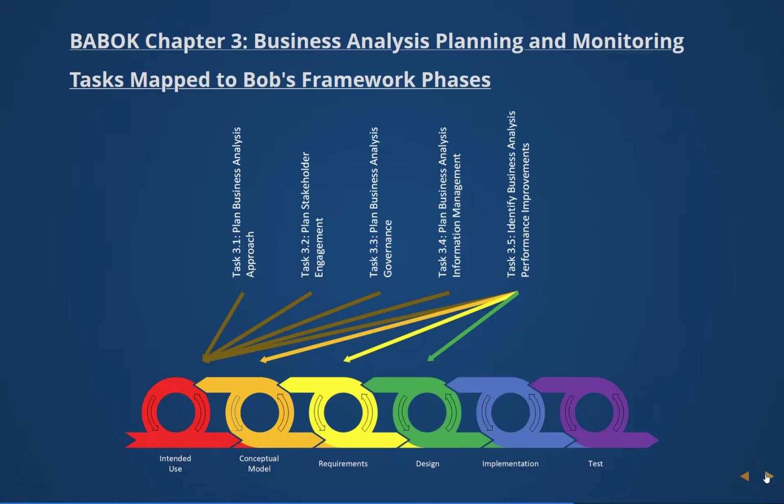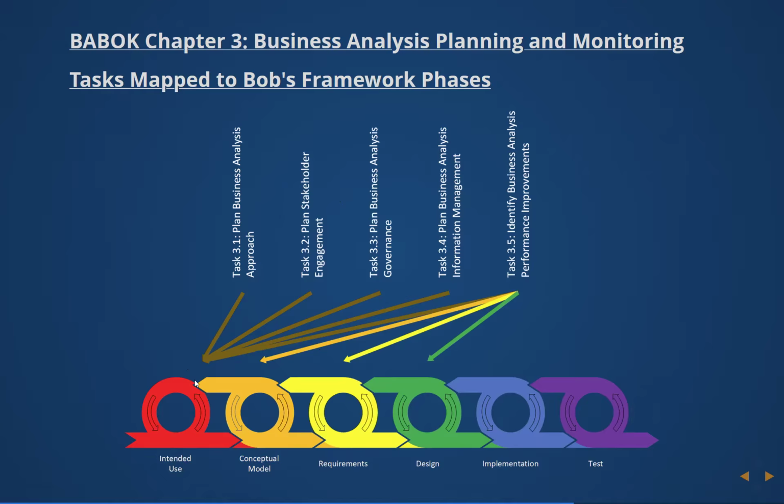So let's look at the actual activities in chapter 3. It's plan business analysis approach. These are all the tasks. Plan stakeholder engagement, plan business analysis governance, plan business analysis information management.